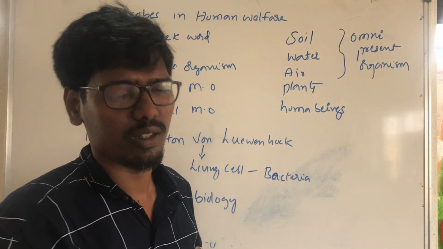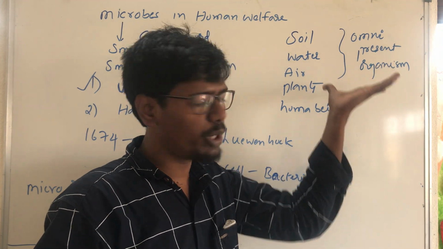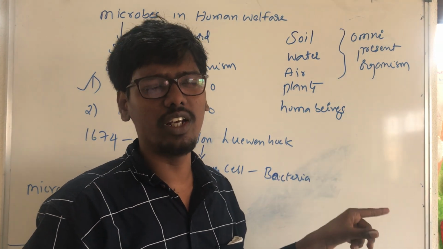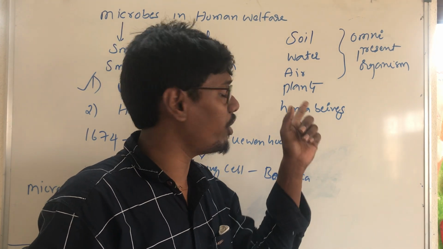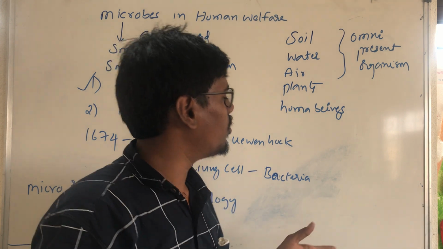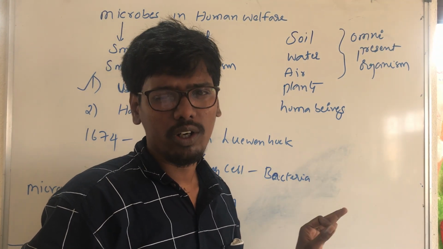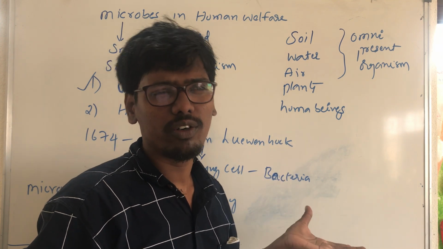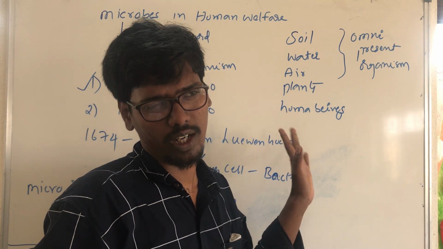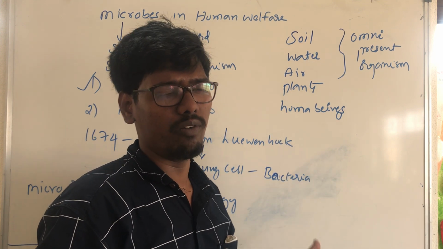They are called omnipresent organisms because they are invisibly present everywhere in the universe. We cannot see microorganisms; only with the help of a microscope can we observe them, because they are very small.